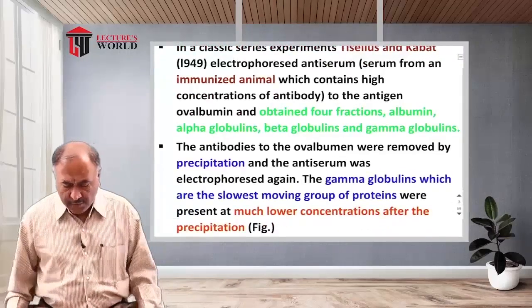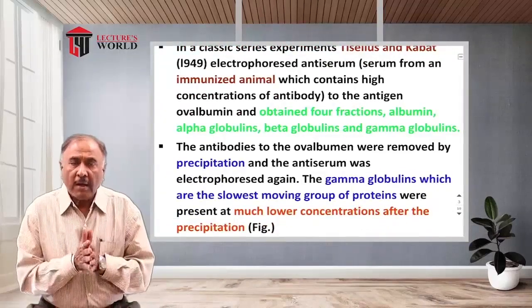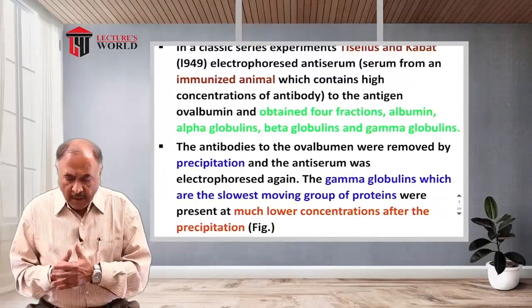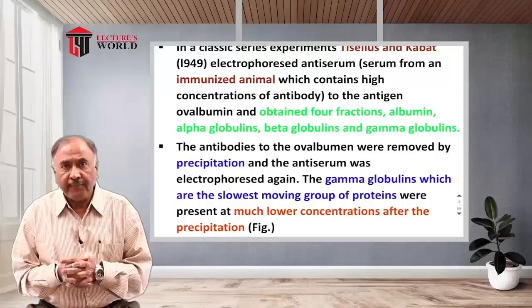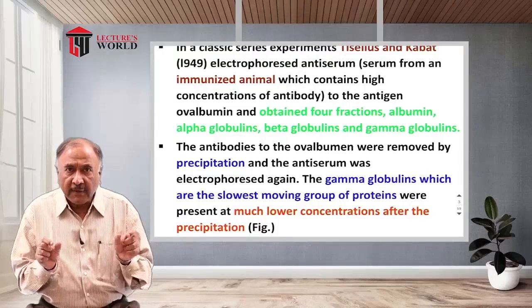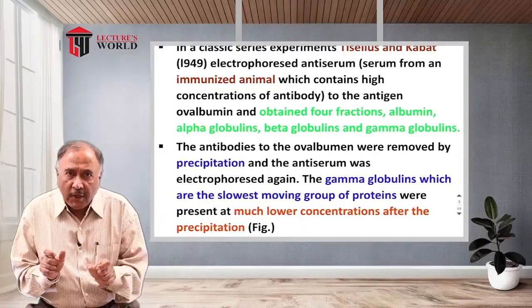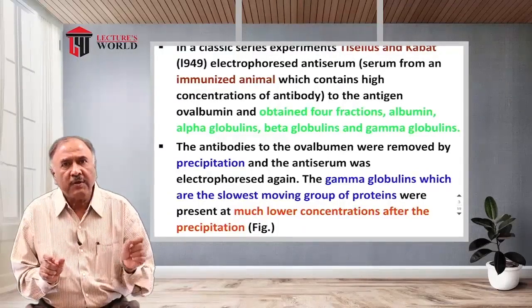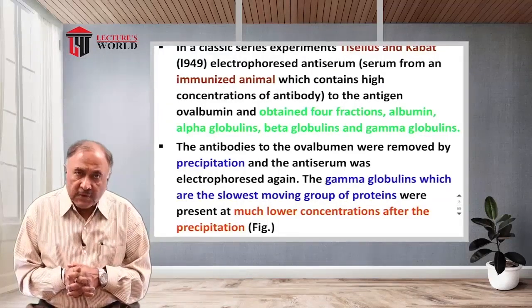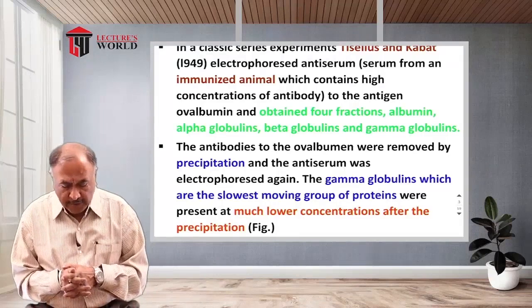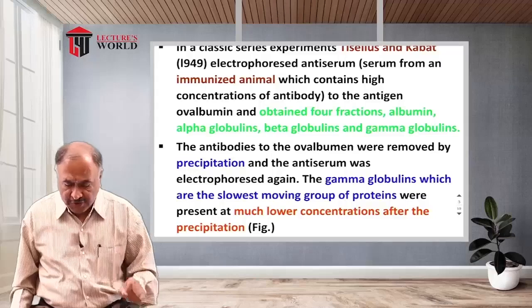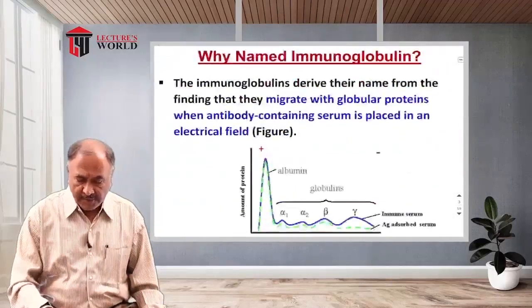These gamma globulins were the three components, alpha, beta and gamma, out of which the slowest one is the one which moves very slowly. Which one will move slowly? One which has the least charge. So this slowest moving group of proteins was present at a much lower concentration after precipitation.